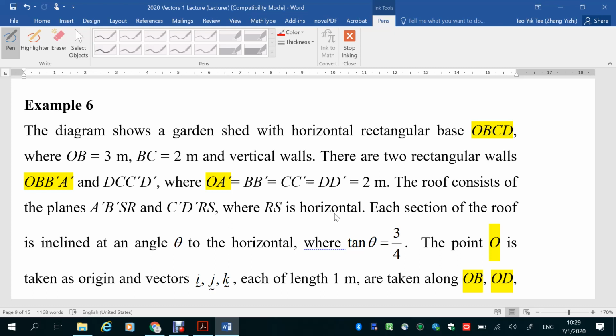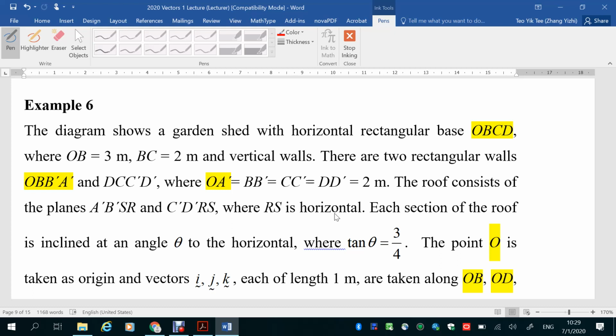Because to me, it's by observation I write down the answer. But to some of you it's a struggle. Try. How many units in the i direction? How many units in the j direction? How many units in the k direction?